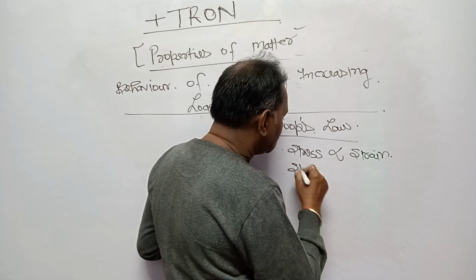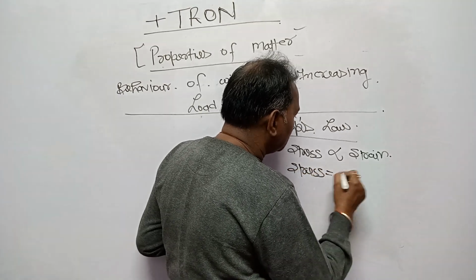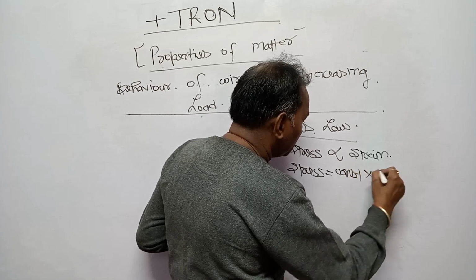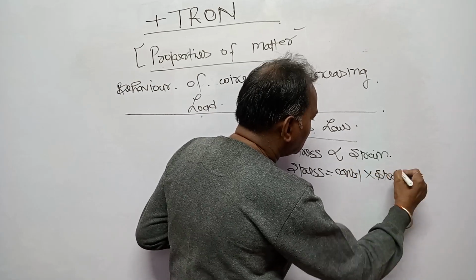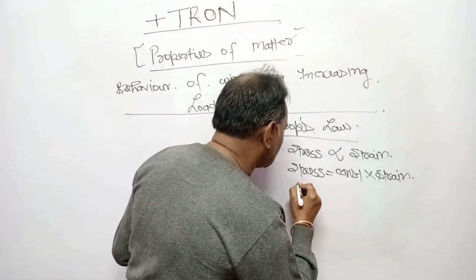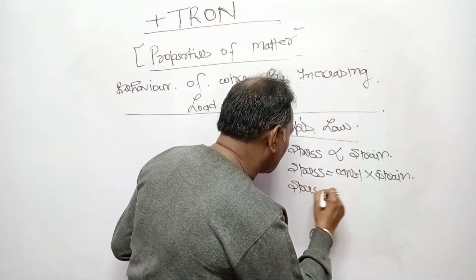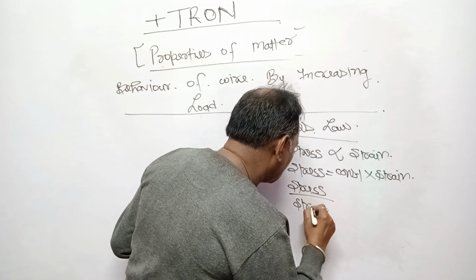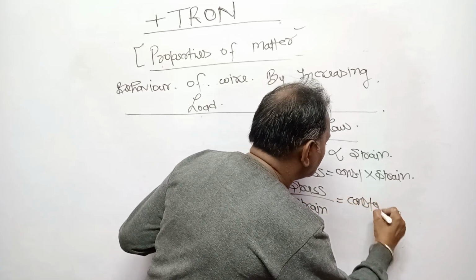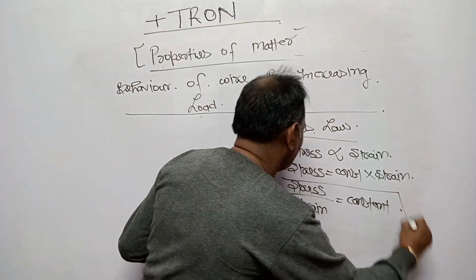Dear student, stress is equal to some constant multiplied by strain. In order to remove the proportionality, you have to multiply by a constant. Or stress upon strain is equal to a constant, and this constant is actually the elastic constant.